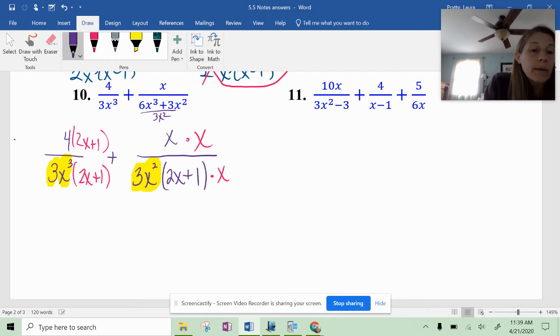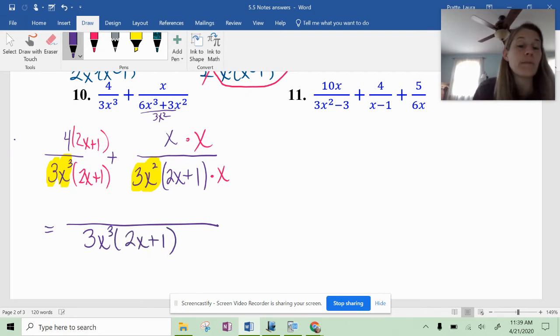So now your common denominator is going to be 3x cubed times 2x plus 1. So you have to be able to include all the factors.